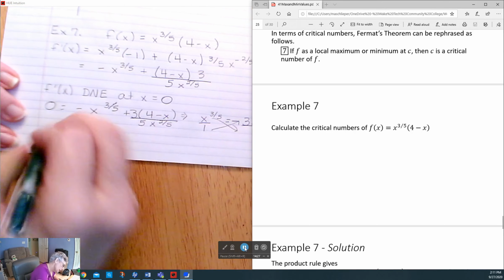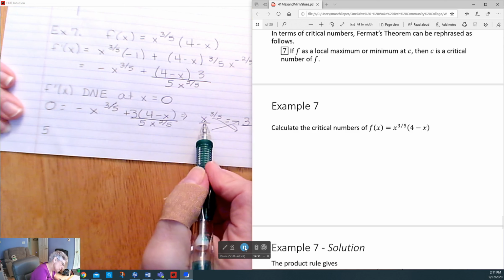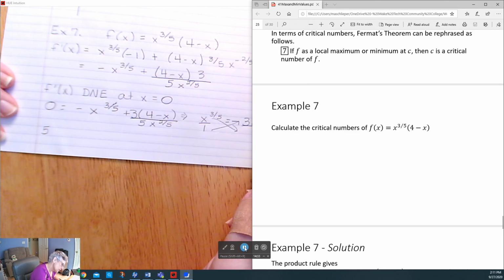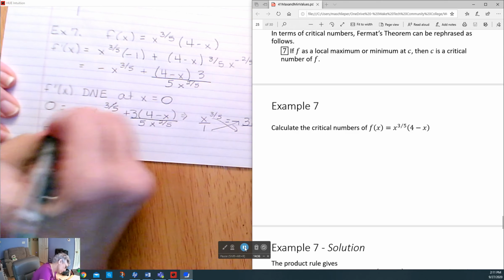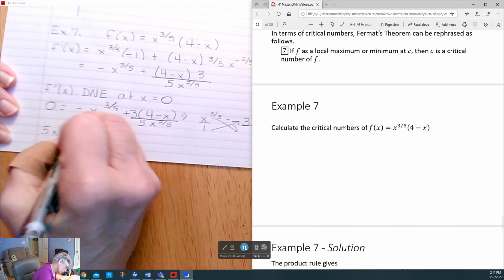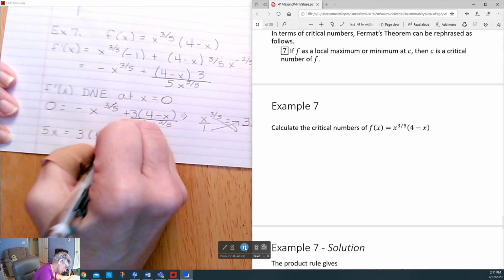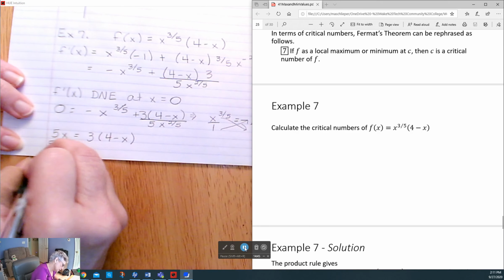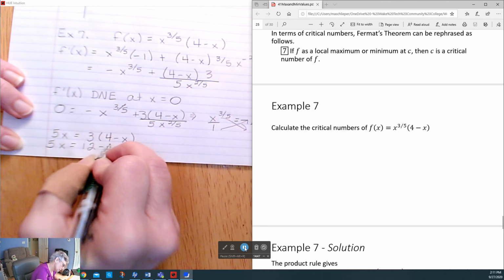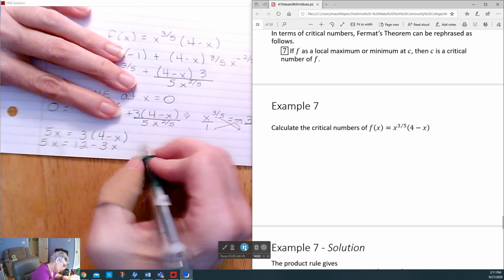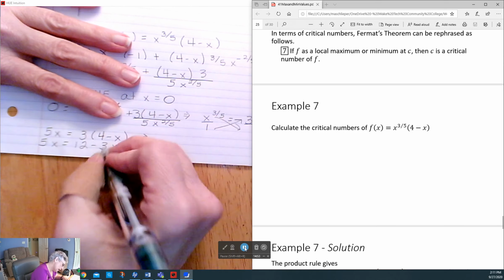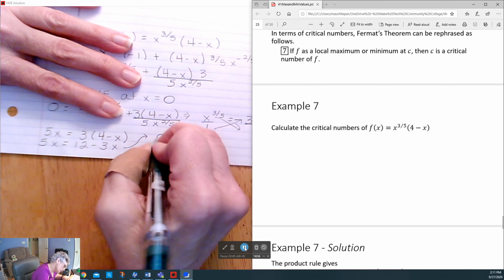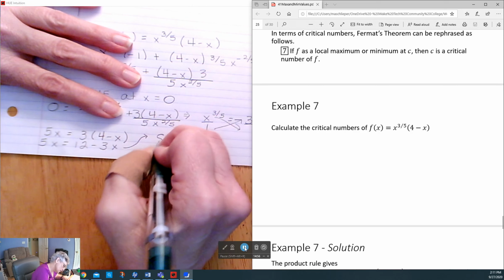Cross multiply, I have 5x to the 3/5 times x to the 2/5 gives me 5x equals 3 times 4 minus x, and let's move up here, add 3x to each side, so 8x equals 12. x is 12 over 8, which is, 4 goes into that, 3 over 2.